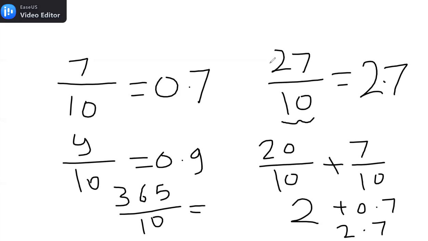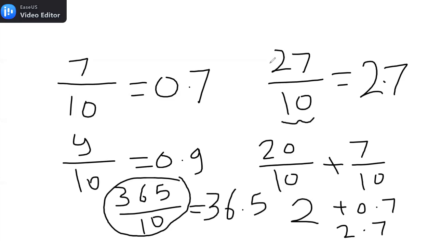Again, Yusuf, it's 300. Look here, in this place. 365 over 10. 36.5. Excellent. It's 36.5 because when the denominator is 10, the decimal number should have only one decimal place.